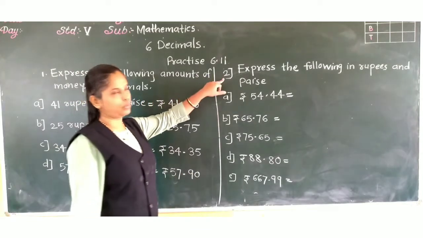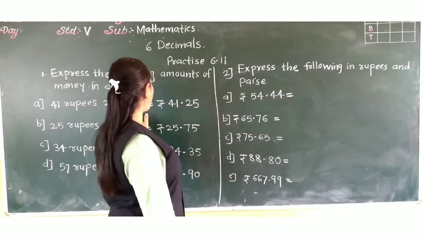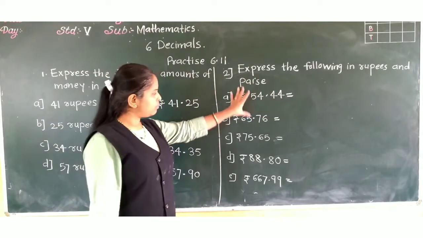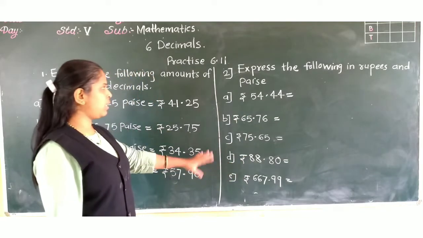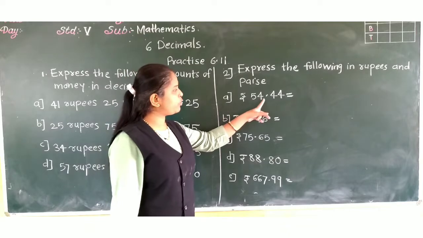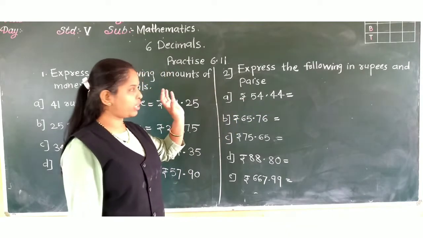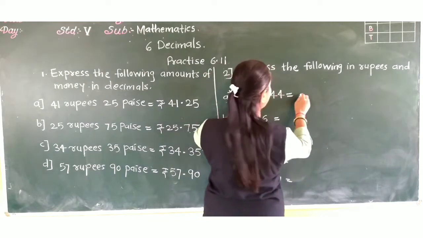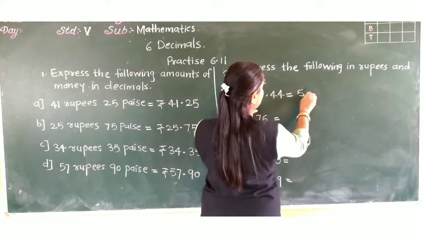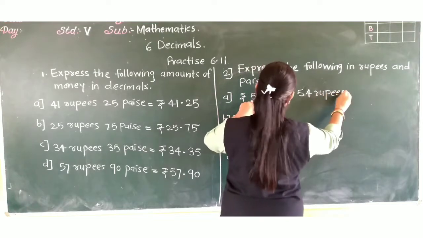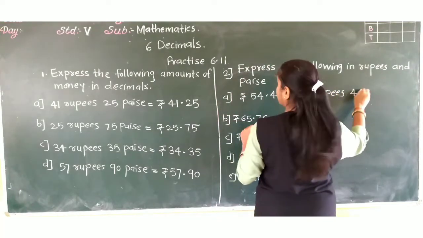Now question number 2. Whatever we have done now, exactly the opposite we have to do here. Here in decimal form they have given and we have to write it in rupees and paise. So here rupees 54.44. That means 54 rupees and 44 paise.